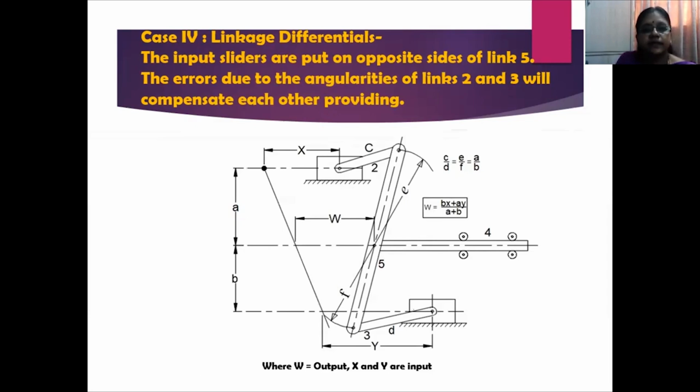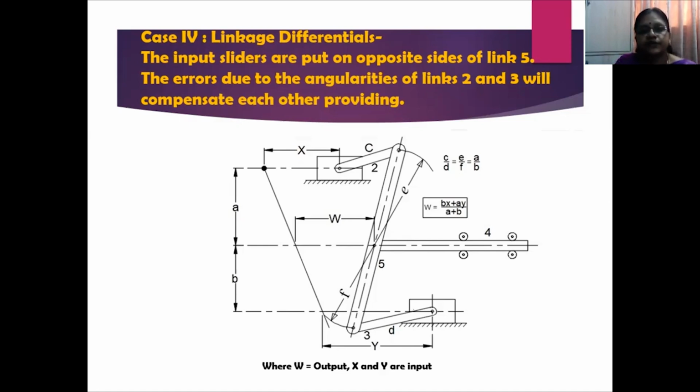Got it? Because the input sliders are put on opposite sides of link 5, the errors that occur due to the angularities of link 2 and link 3 will compensate each other.